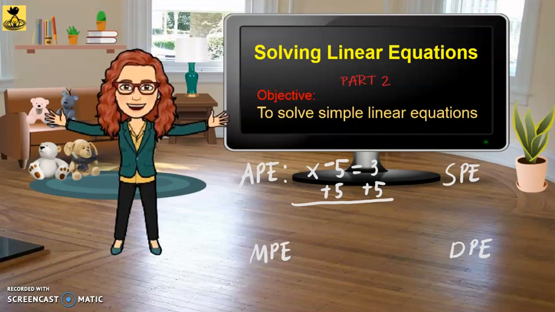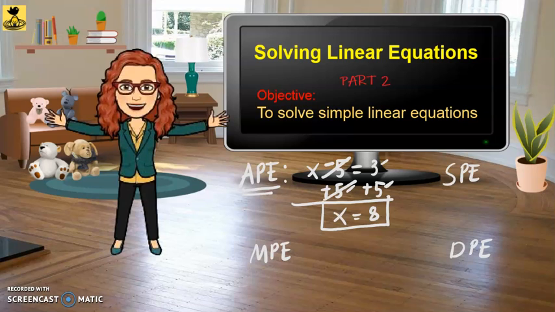So then we cancel minus 5 plus 5. So we have x is equal to 3 plus 5 is equal to 8. So x is equal to 8. So we applied the addition property of equality, meaning we added 5 both sides of the equation.